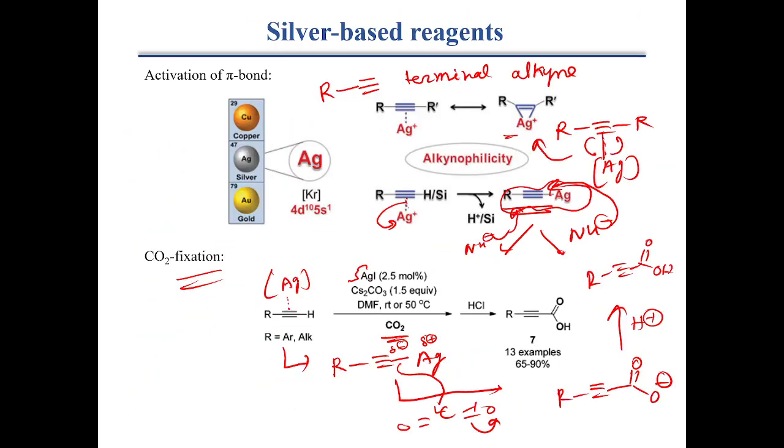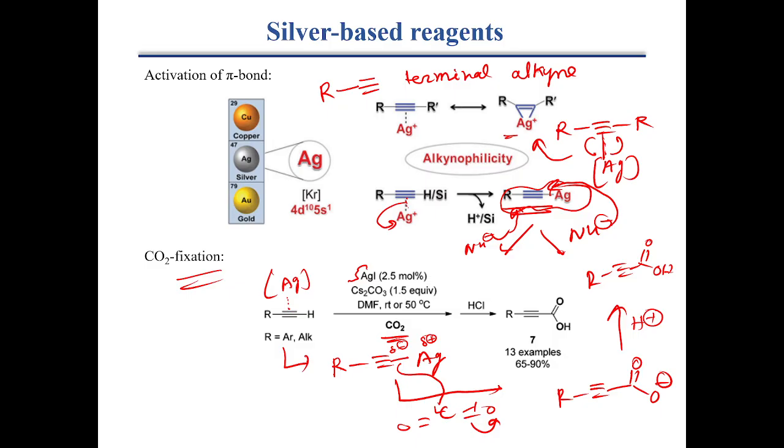So if we summarize today's class, first I have discussed the activation of the alkyne by silver-based reagents. In the previous class, I discussed the gold-based reagent. Here I have discussed the silver-based reagent. So terminal alkyne or substituted alkyne are activated by the silver.